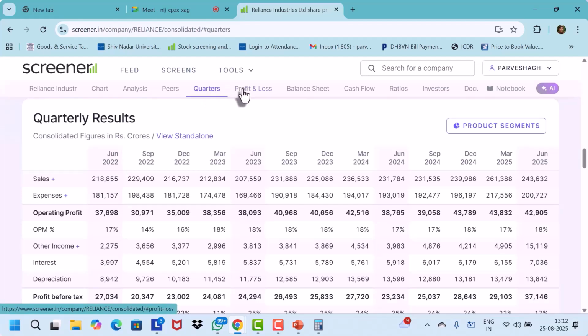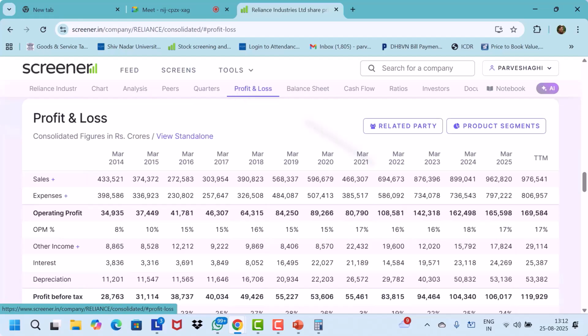Now tell me, the sales have been growing, is it? 9,62,000 was the last year, and this time it is growing to 9,76,000. So 3 quarters of March 25 and 1 quarter of the new financial year. Is the company growing in the last 12 months?